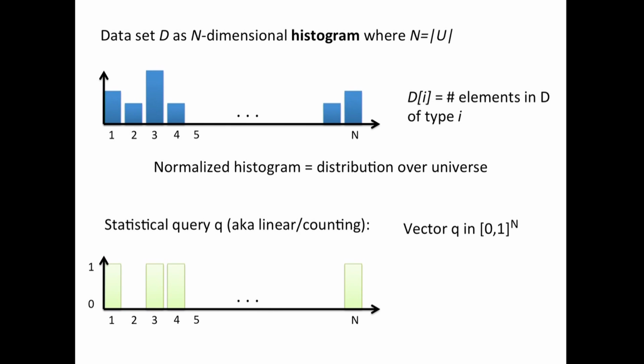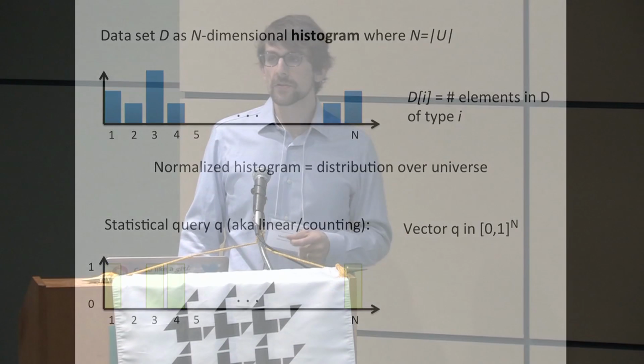And the answer to a query, which I'm going to denote by Q of D, is just the inner product between the query and the data set, if you think of them as vectors. Okay? And the way we normalize things, the answer to a query is between 0 and 1. By the way, if anything's unclear, I might be speaking a different language than some of you, so stop me if something is unclear, okay? Anyway, so these are the queries and the data sets that we're going to look at.